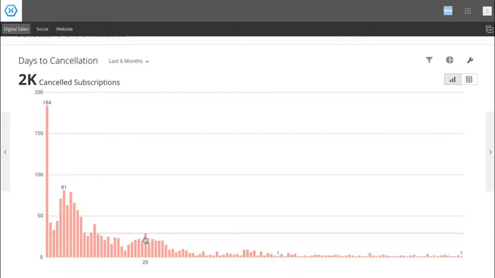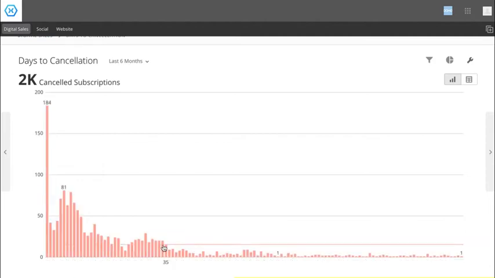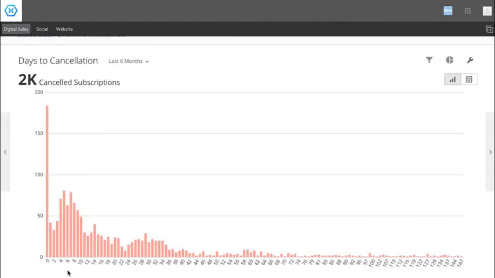Or we typically see this at spikes around the 1-month mark, because that's when a typical first reshipment would go out. And so we could start to strategize and have data backing our decisions and our brainstorming sessions on what sort of things we can do to help people stay on subscriptions longer, so you can get that recurring revenue.